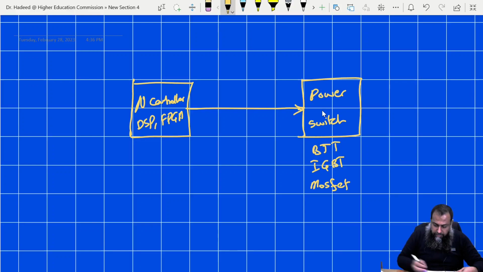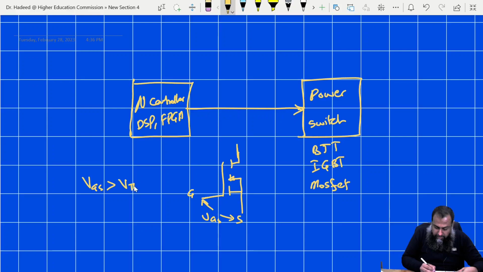So a power switch, let me draw a MOSFET. This MOSFET is a voltage controlled device, which means if the voltage applied from gate to source, this voltage VGS, exceeds a threshold voltage, which is usually given on the data sheet, then the device moves into the conduction mode. However, there are junction capacitances here.